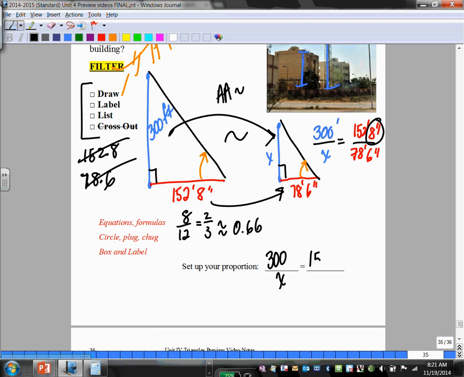So this is going to be 152.66. And then 6 inches is 6 over 12, which of course is 1/2, and that equals 0.5. So this is going to be 78.5. I want you to take 1 minute, go ahead and finish that proportion on your own.